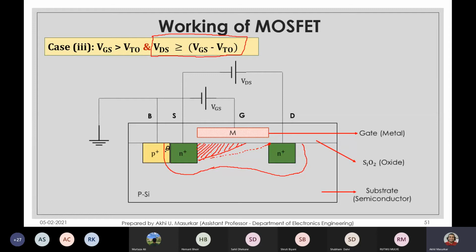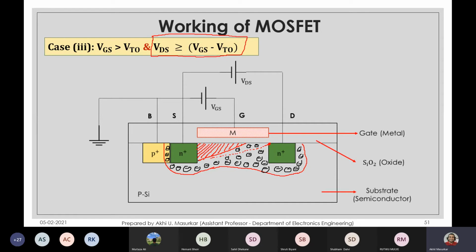So here we have negative immobile ions. It will be there here also, you can show it here. So this is the negative immobile ions.